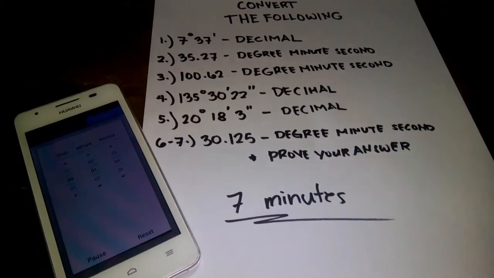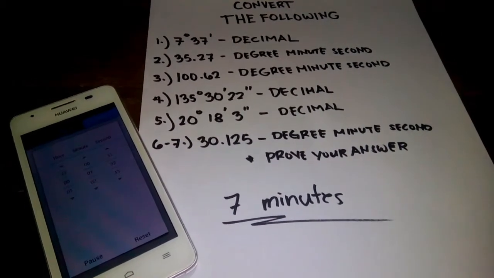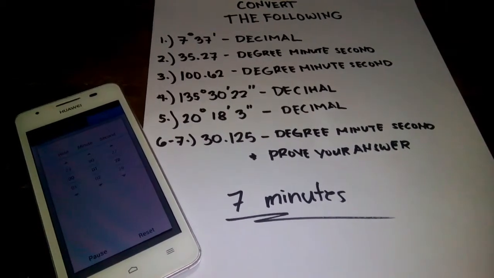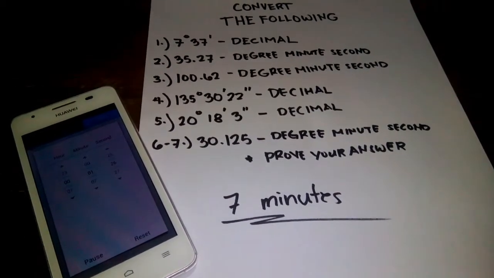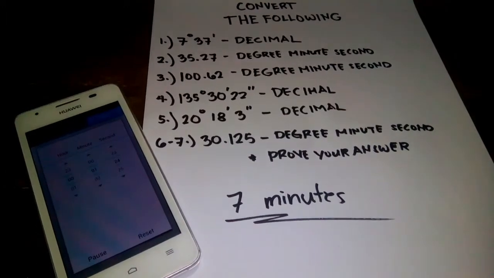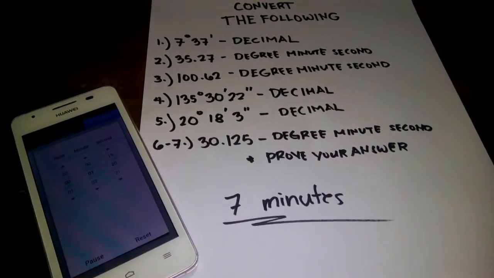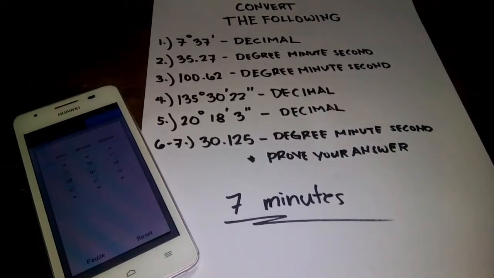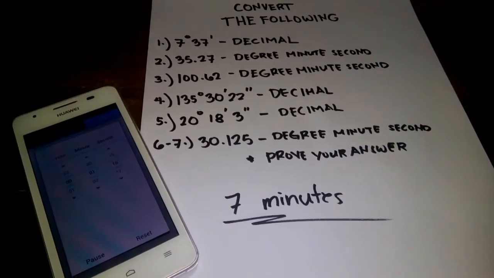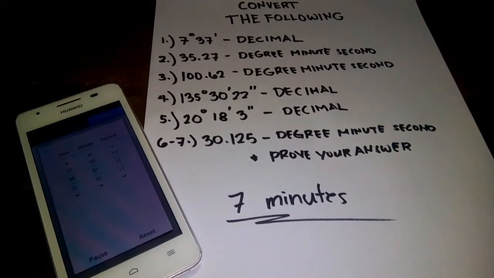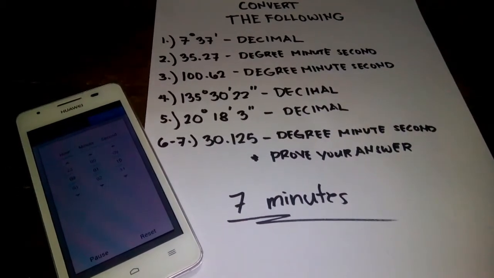Sorry, last 1 minute and 30 seconds. By this time, you should be in given numbers 6 to 7, or you may be checking your answers already. 1 minute and 10 seconds.